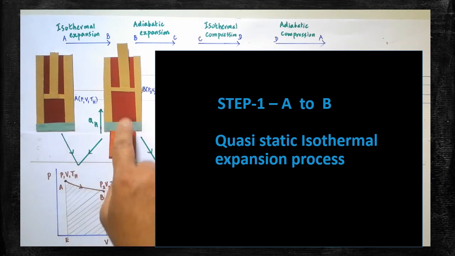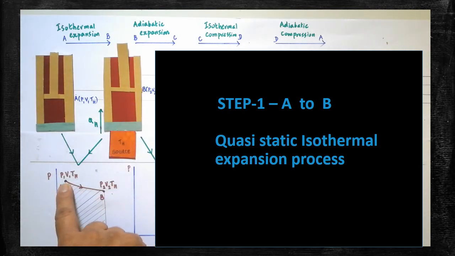Now after absorbing QH amount of heat, it goes to new position with pressure P2. Pressure decreases, volume increases. Therefore, the piston goes to new position B. Though it comes from one position to another position, pressure and volume alone change. The same temperature is maintained.